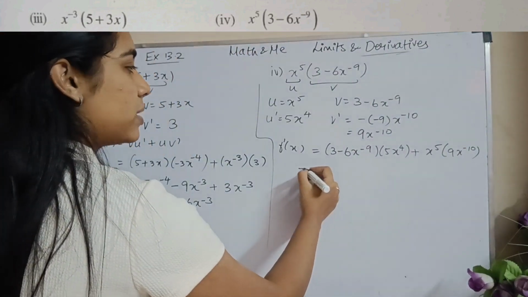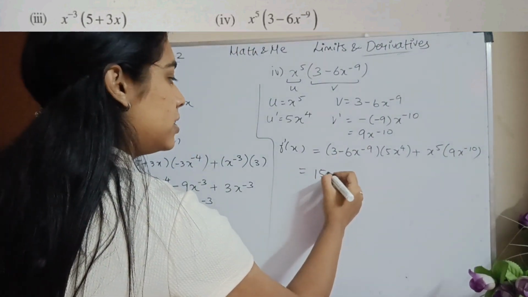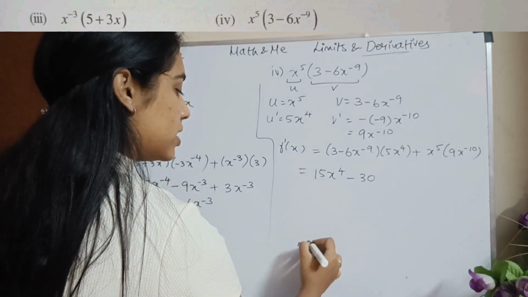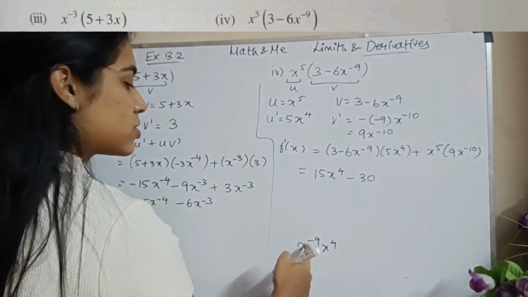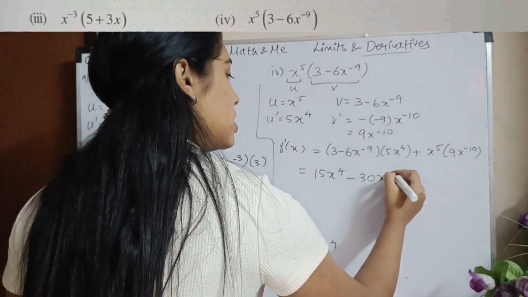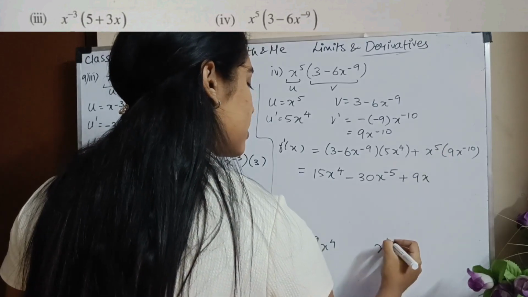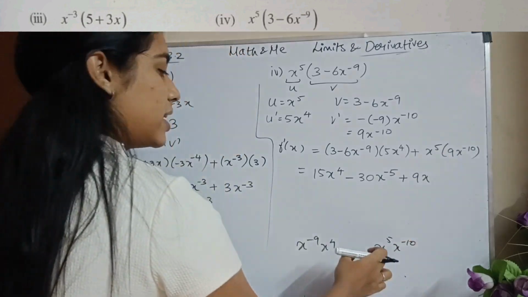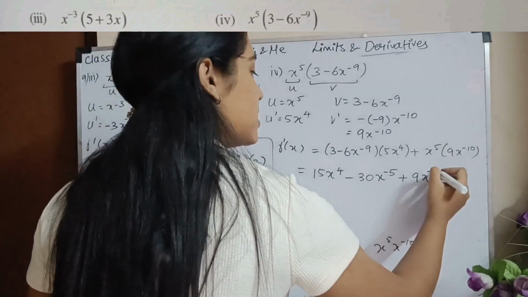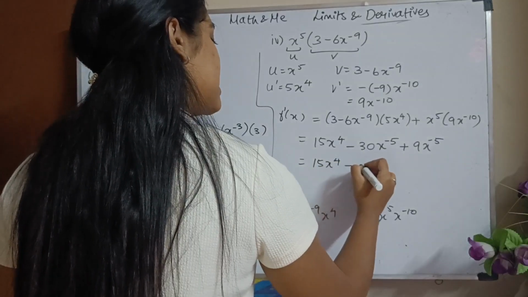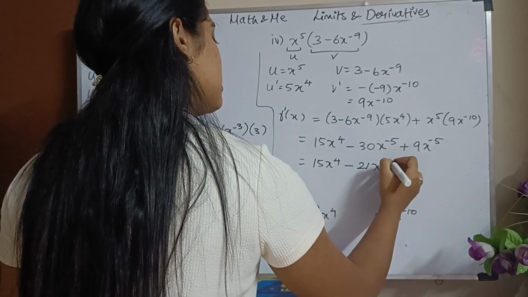When I open the brackets, 5 3s are 15x to the 4, minus 6 5s are 30, x to the minus 9 times x to the 4, which is x to the minus 9 plus 4, x to the minus 5, plus 9x to the 5 times x to the minus 10. So again it's 5 minus 10, which is minus 5. So I now get 15x to the 4 minus 21x to the minus 5.